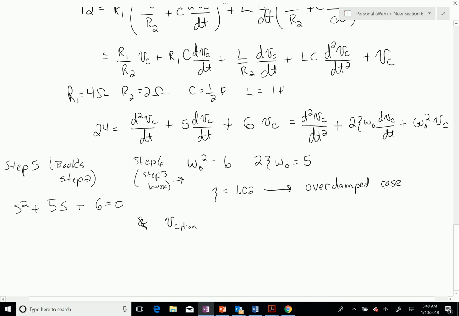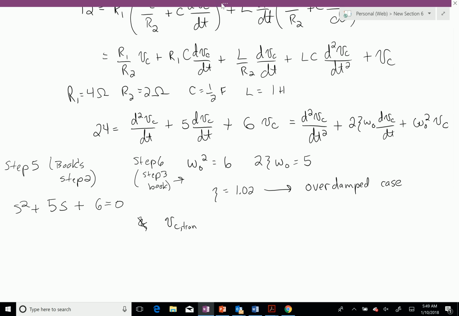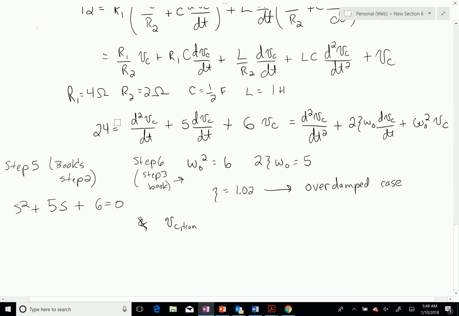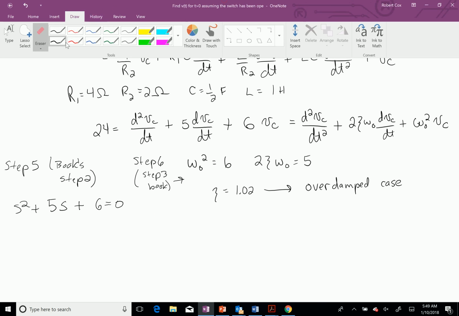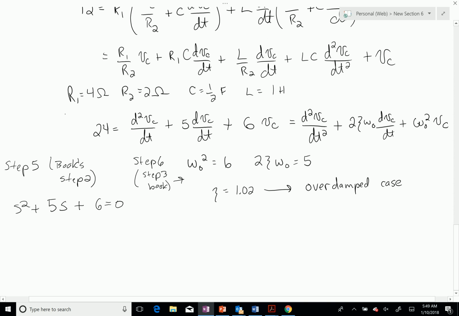So if I'm overdamped like this, cramming too much stuff in here, in the overdamped case, now I need to figure out what the transient response is actually going to look like.